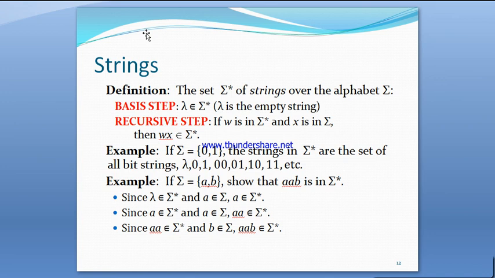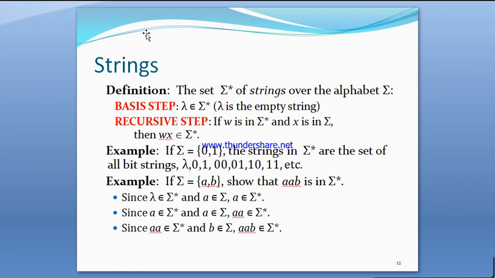Let it be defined recursively using the basis step. Let us suppose lambda, the empty string, belongs to sigma star. In the recursive step, we specify a rule. If w is in sigma star and x is in sigma, then wx belongs to sigma star. So based on this rule, we can define any string in the set of strings.